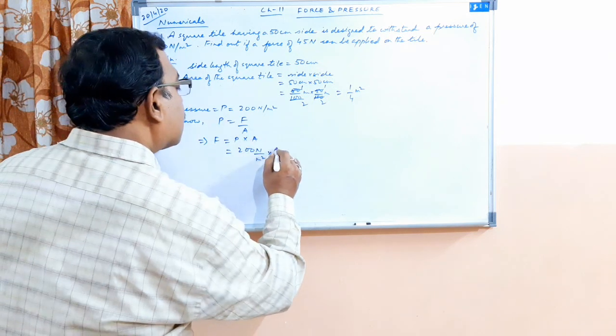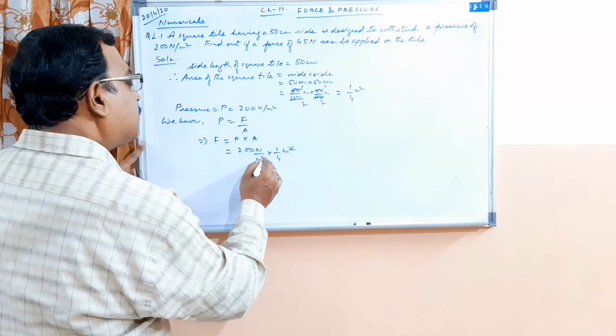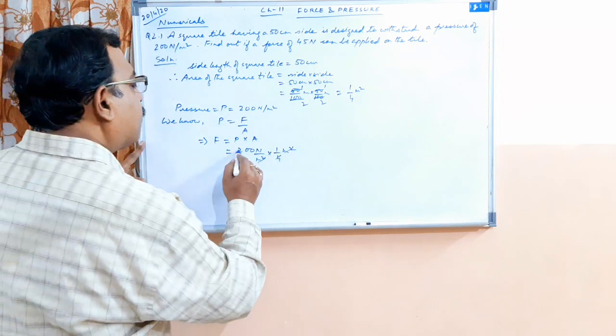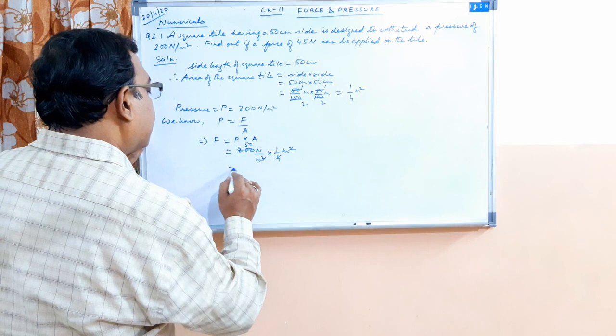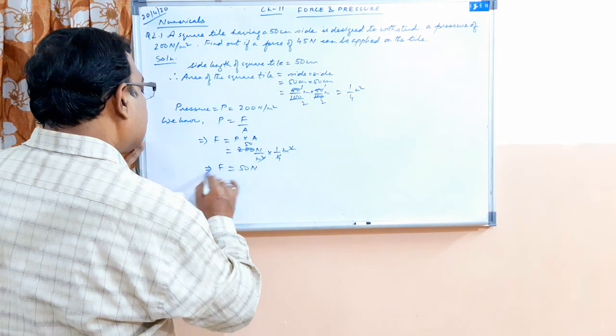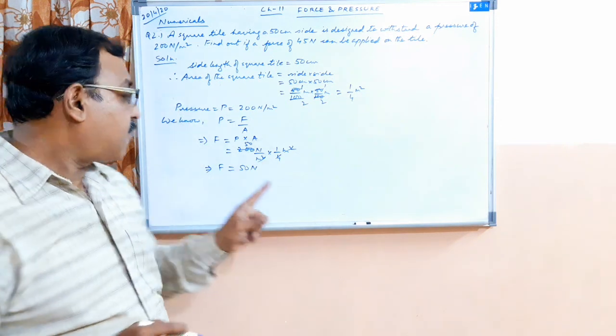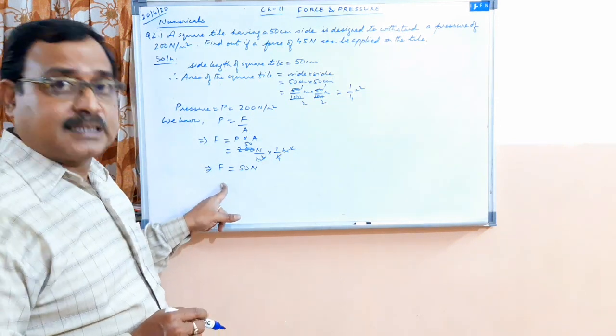Area is how much? 1/4 of meter square. So here meter square gets cancelled. 200 divided by 4 is 50 Newton. So the tile can withstand a force of 50 Newton maximum.